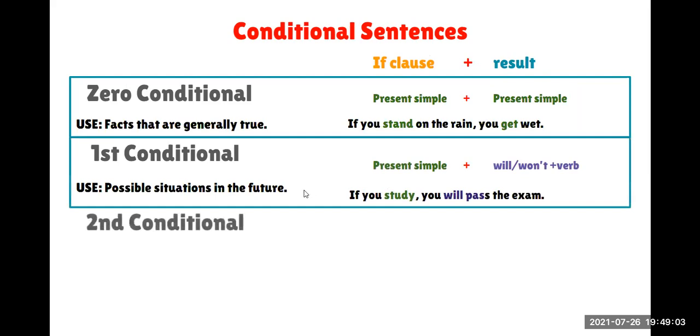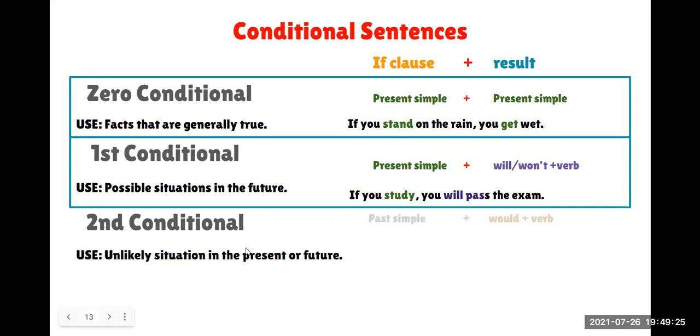And then we have the second conditional, that is the one that we are going to practice today, okay? So we use the second conditional for unlikely situations in the present or in the future. So unreal situations, hypothetical situations, imagined situations in the present or in the future.